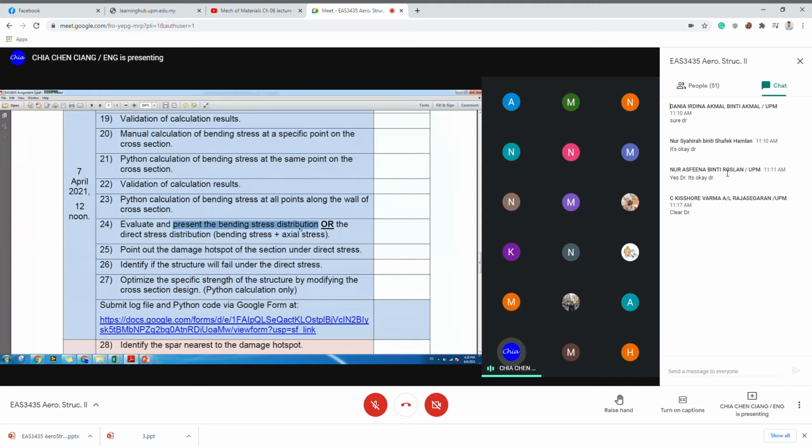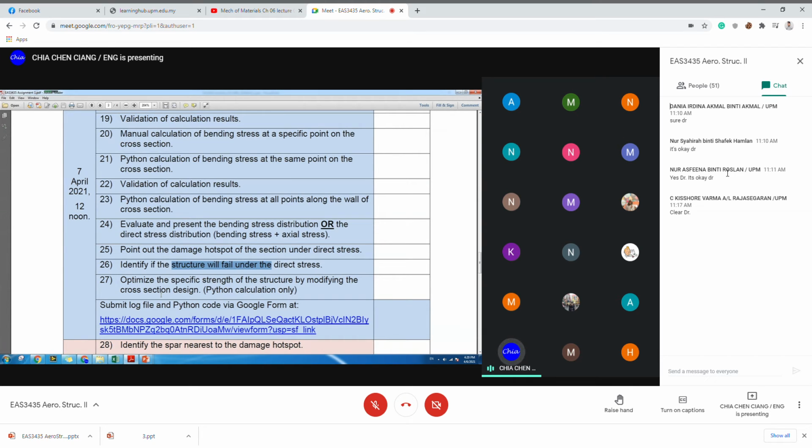Okay, so as long as you show me the table, and if you can, you can show something like identify the weakest point and so on. Yeah, the damage hotspot is needed, so you need to identify the damage hotspot, the weakest point. Okay, then you check whether the structure will fail or not.